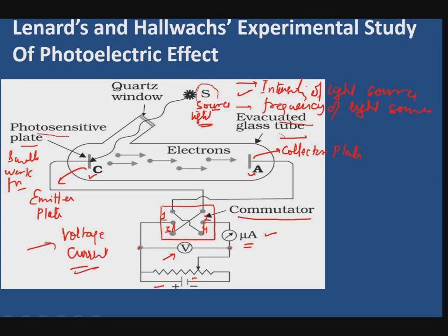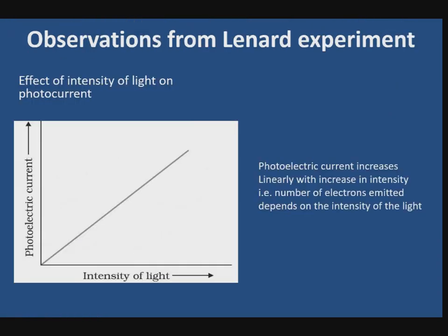Now let us discuss what happens. Some of the observations. So the first observation is the effect of intensity of light on the photocurrent. What we observe here is that as we increase the intensity, as the source is brought closer to the window, remember that there was a window here, an evacuated glass tube.